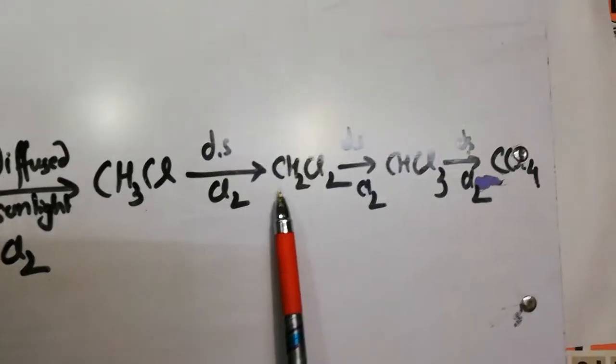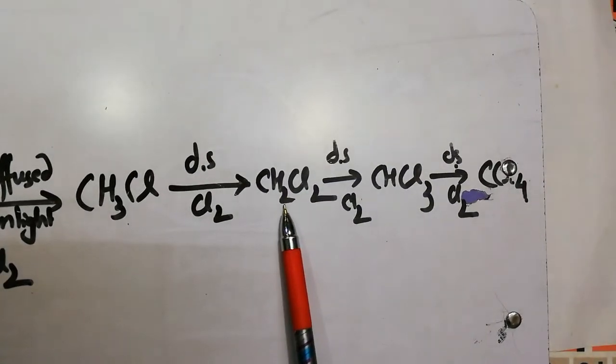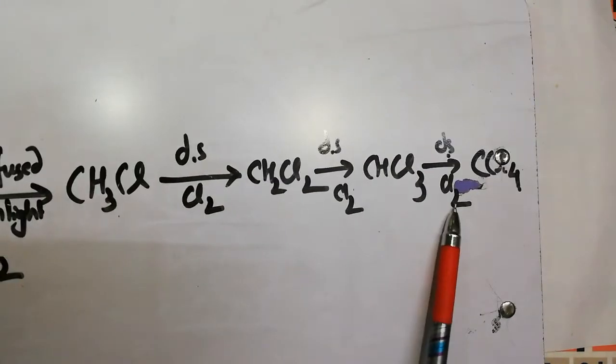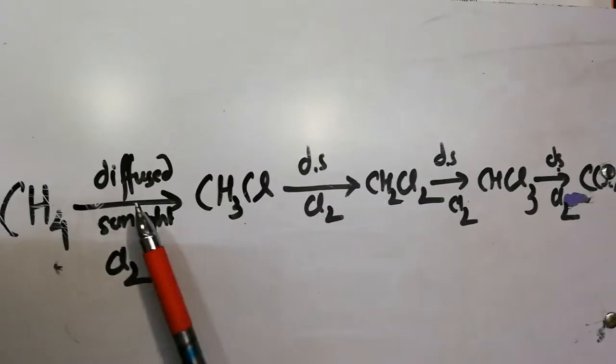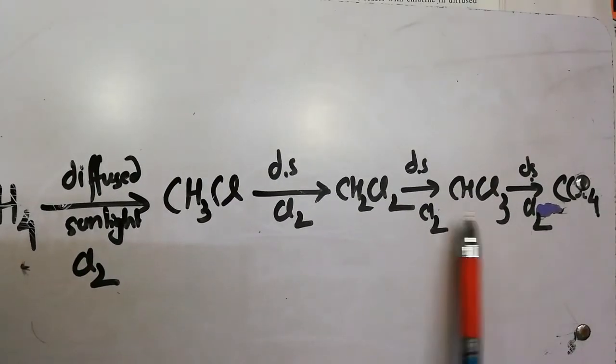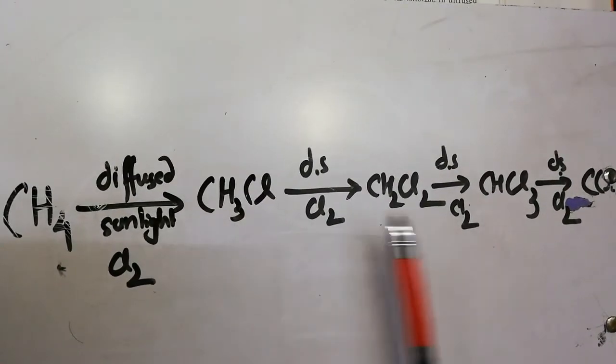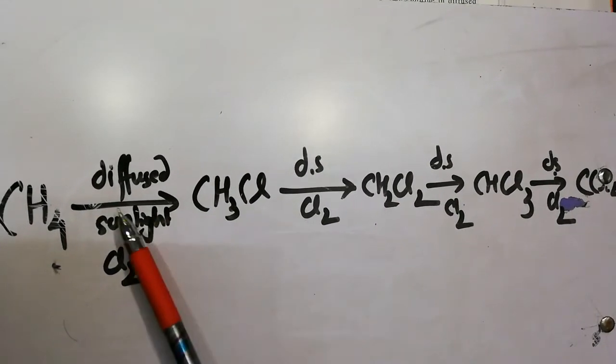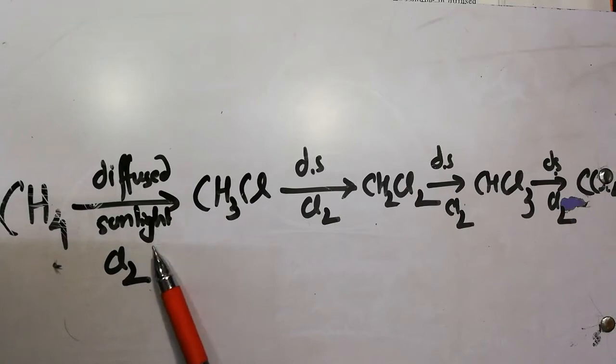Again diffuse sunlight and chlorine give CH2Cl2, methylene chloride, then chloroform, and then carbon tetrachloride. Pause the video, write down that reaction, and memorize it with the names. These are the substituted products of methane when it reacts with chlorine in diffuse sunlight.